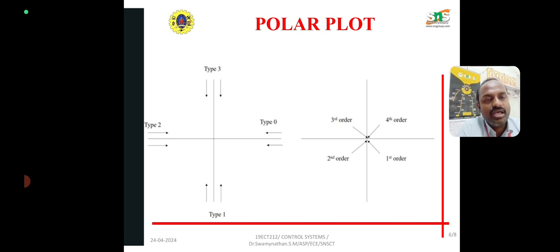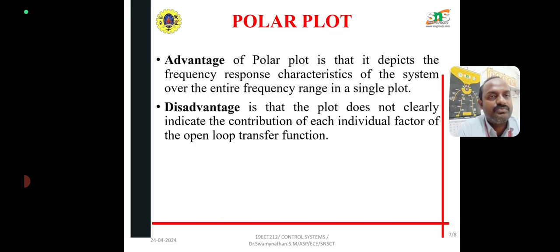And again, the polar plot consists of the x-axis and y-axis for type 0 first, and then type 1, 2, 3, and the same for the right-hand side, first order, second order, third order and fourth order. This is the polar plot.